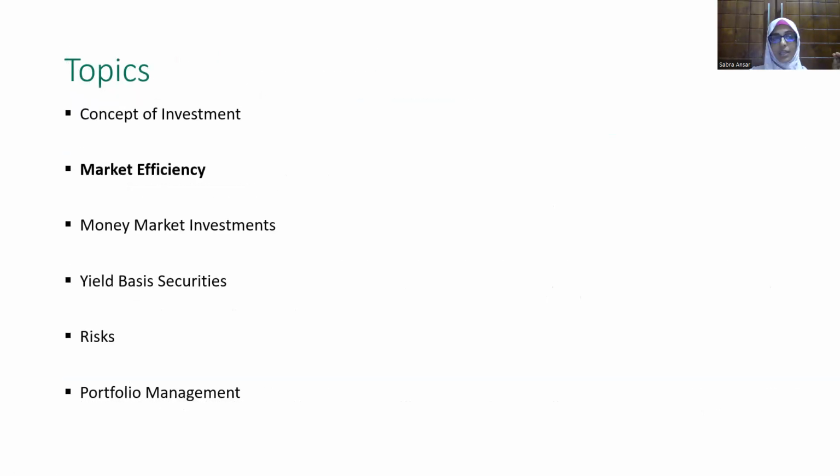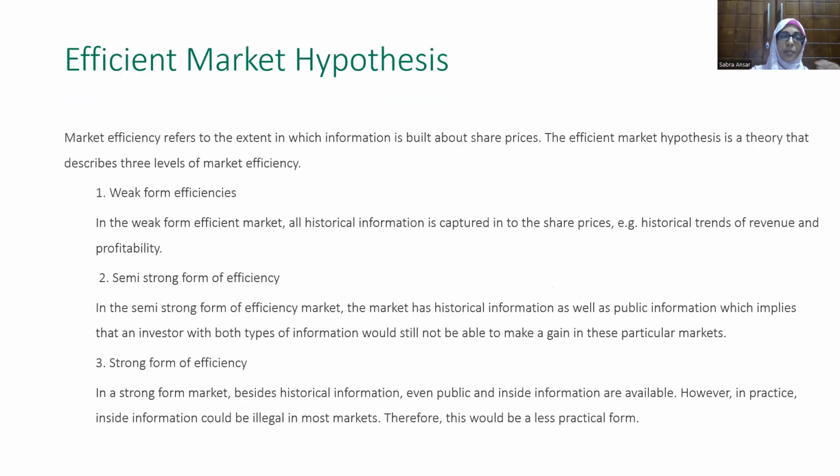Now we actually need to talk about market efficiency. The efficient market hypothesis is something I've talked about before as well, right? Market efficiency is generally about how much information is built into the shareholders' share prices.